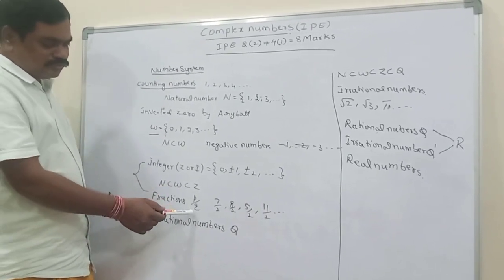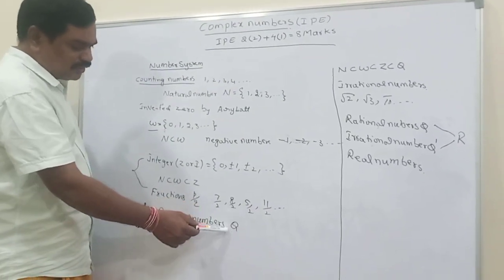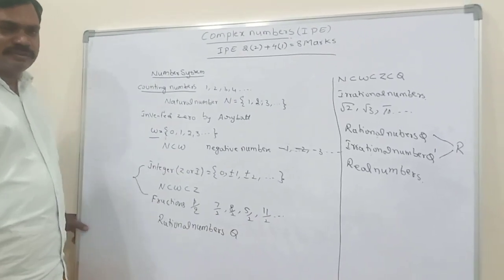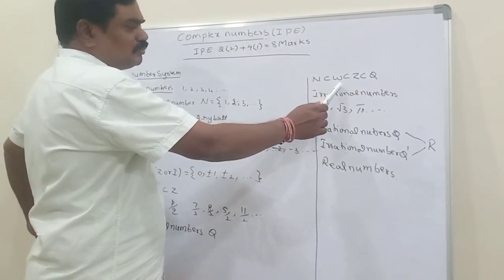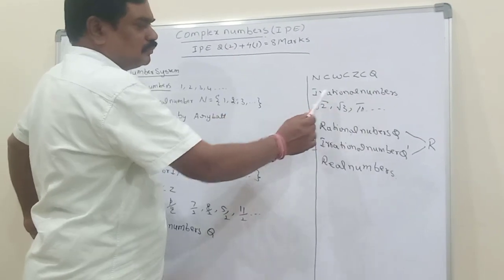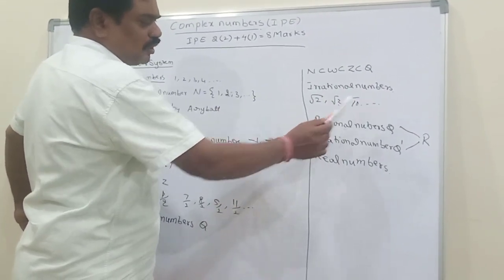Fractions are in p by q form, so rational numbers are introduced, denoted by Q. So N is a subset of W, a subset of Z, a subset of Q. Irrational numbers are root 2, root 3, pi and so on.